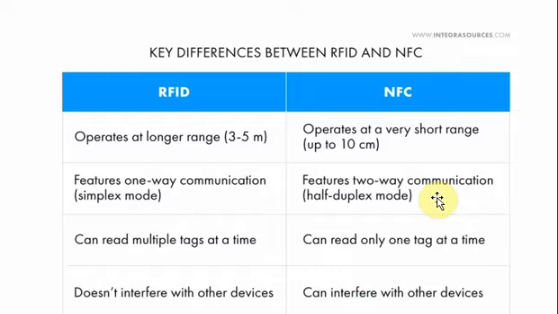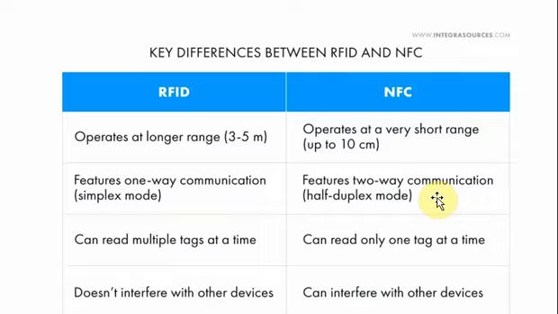This kind of communication is known as half duplex, otherwise full duplex. Full duplex means both of us can communicate, no problem. Here NFC uses half duplex mode. With RFID multiple tags can be read, but here only one tag at a time. NFC interferes with other devices, but RFID doesn't. These are the basic differences.